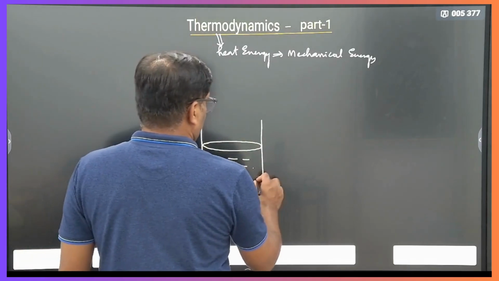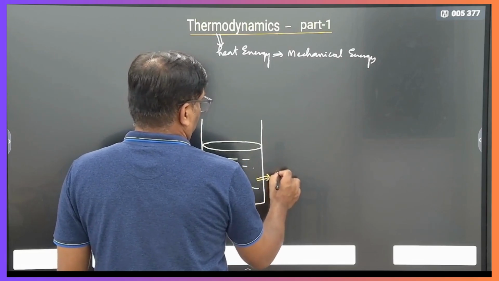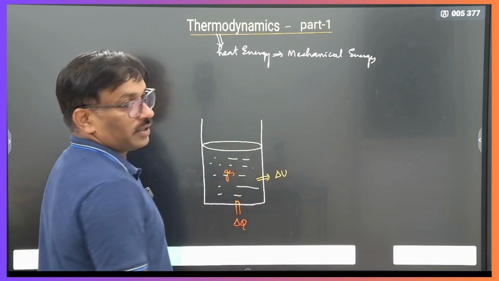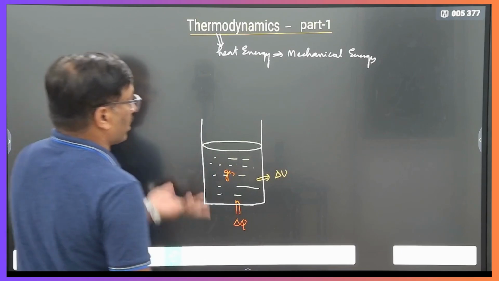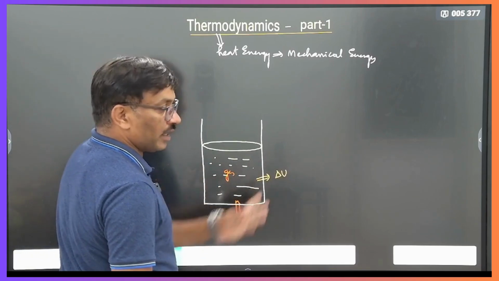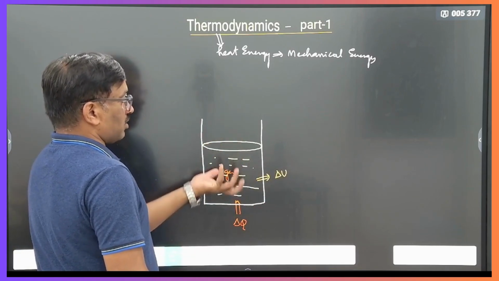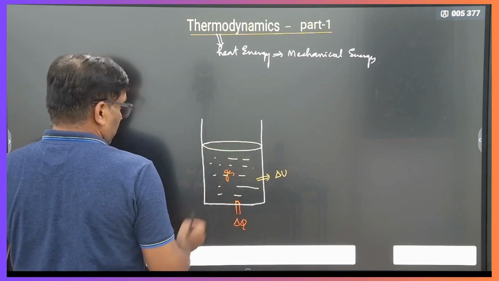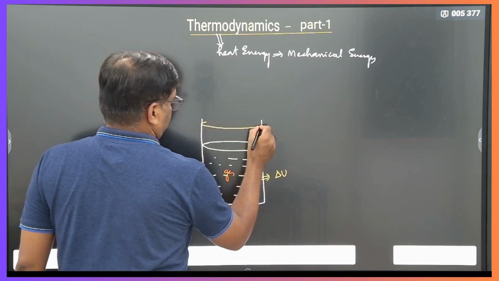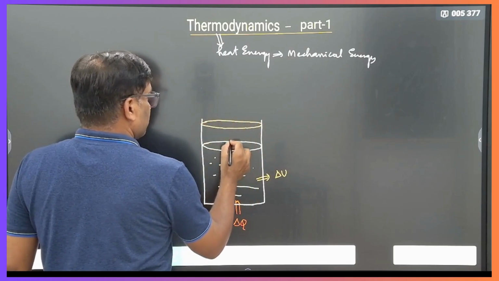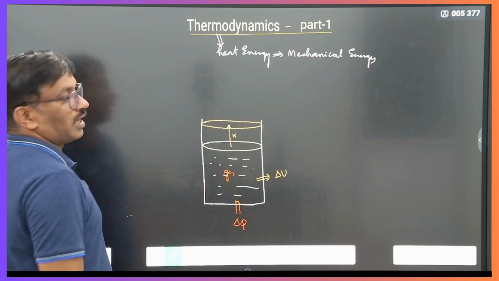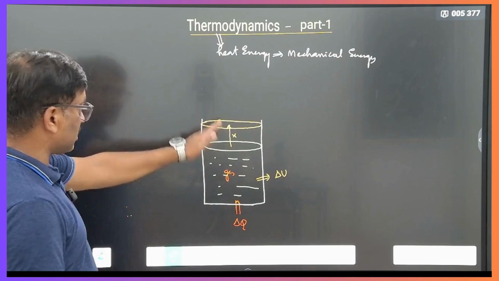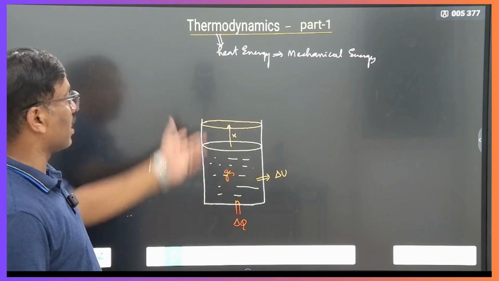When temperature increases, the gas gains internal energy, and some amount of energy is converted into work. That means it is not only gaining internal energy, it also collides with the piston and makes the piston move to this side. The piston moves from here to here, covering a certain distance. This work done is what we call mechanical energy.